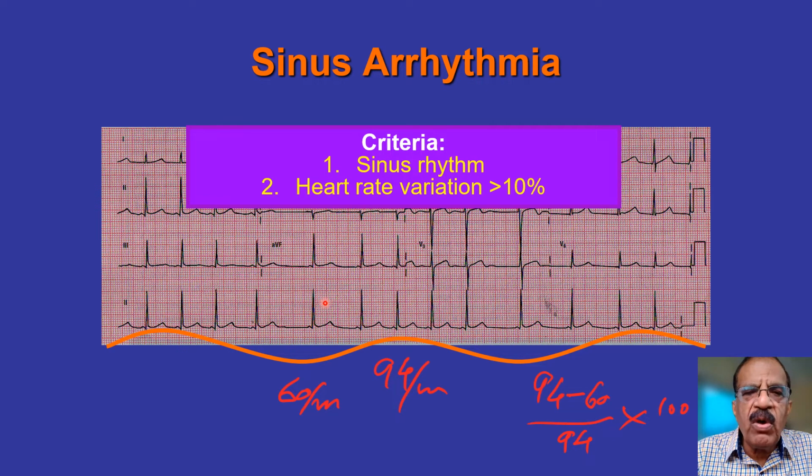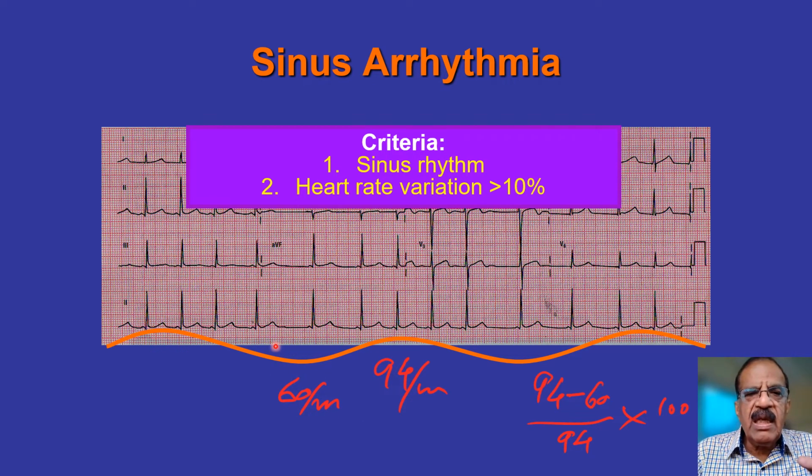Sorry, it is 4. That means actually I think I made the calculation here. So you can do it. If you pause the video here, you can confirm it. Heart rate at this level is 60 per minute and at this level is 94 per minute.